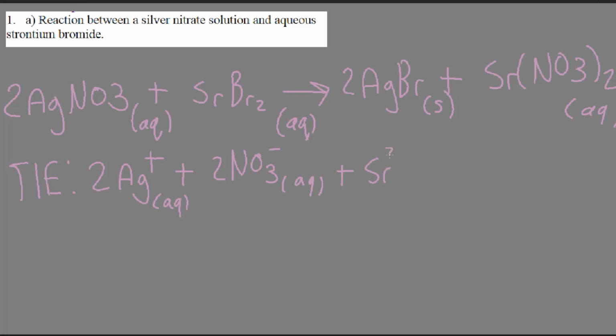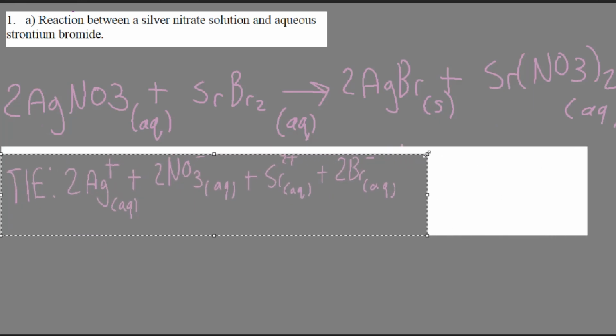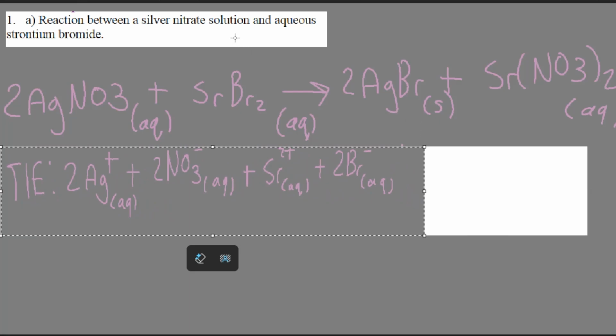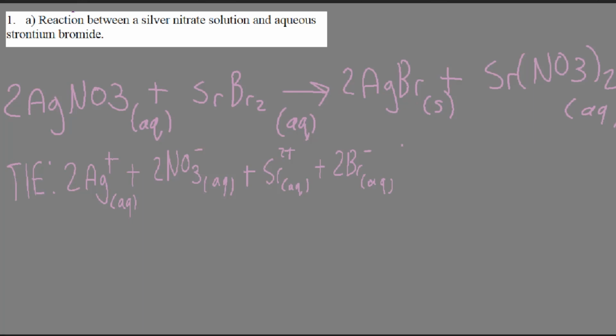Plus Sr 2 plus aqueous, plus 2 Br minus aqueous. And then arrow sign. We're on a tight budget here, so I'm running out of space. I hope this is not too aesthetically horrific.